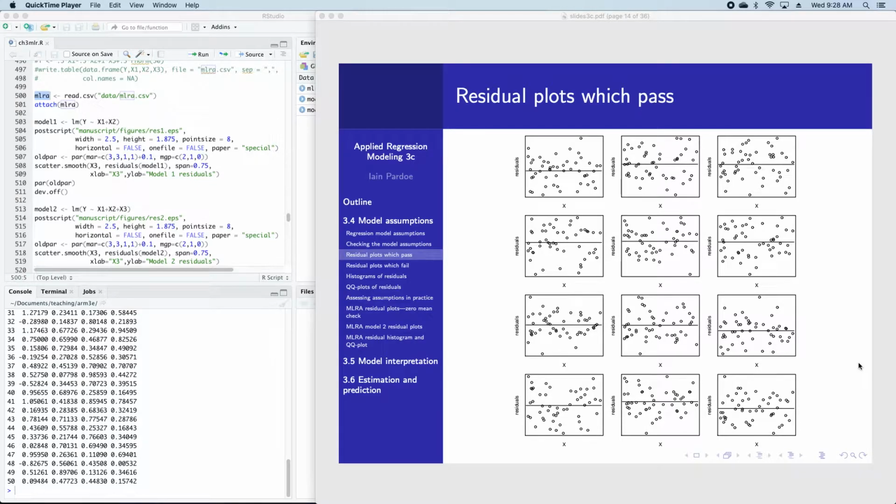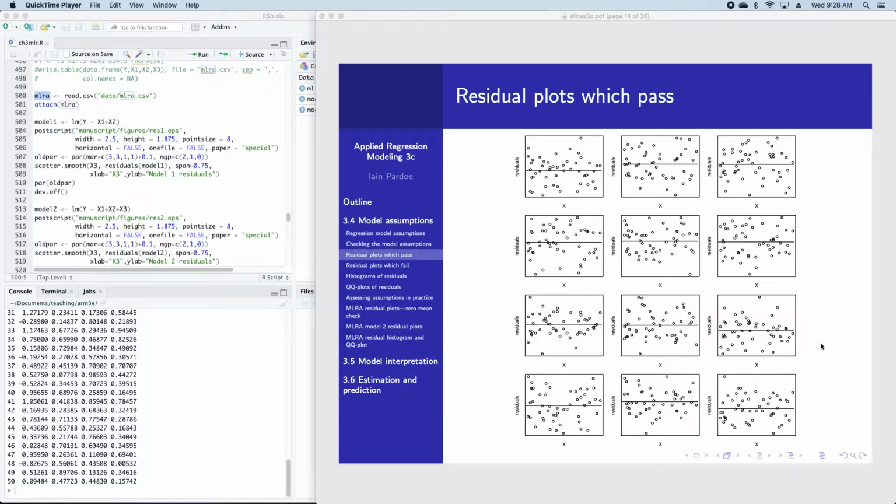So here's a series of residual scatter plots where everything is fine. If we were to assess the zero mean, constant variance, and independence assumptions in all of these scatter plots, we would determine that there's nothing to worry about.